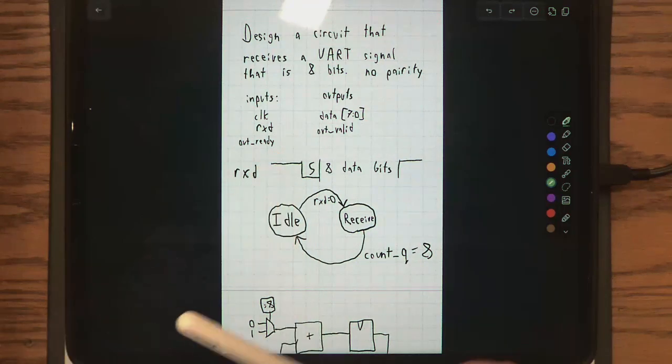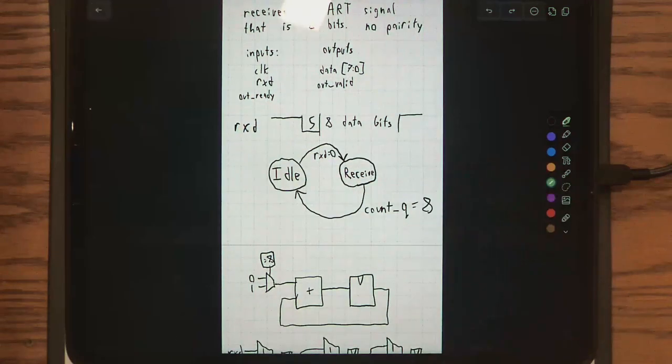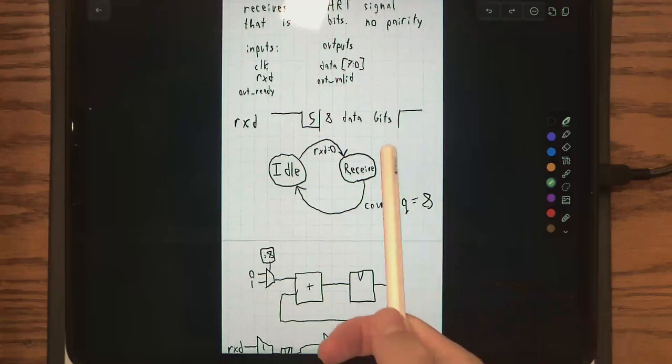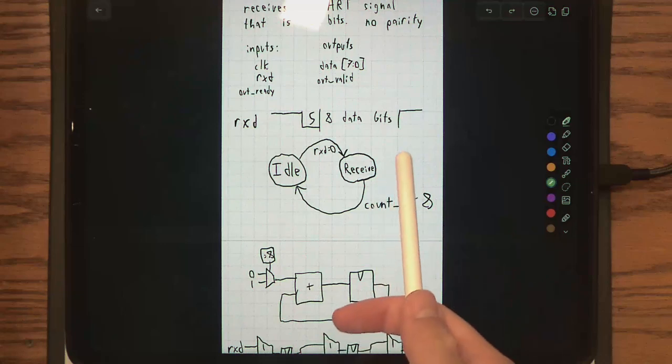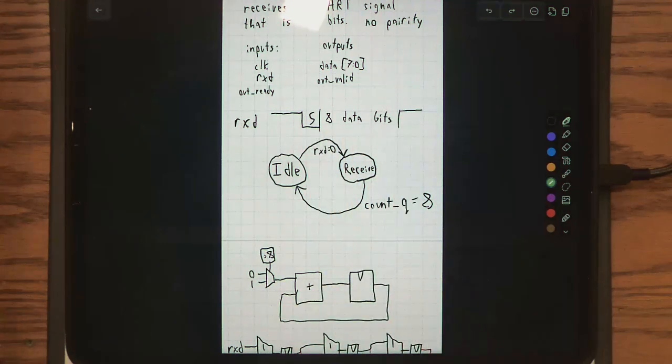Maybe from UART, we are trying to send all these data bits, where we're converting all of these serial bits into one single parallel bus. Then we want to send that out to another module with a ready valid interface.